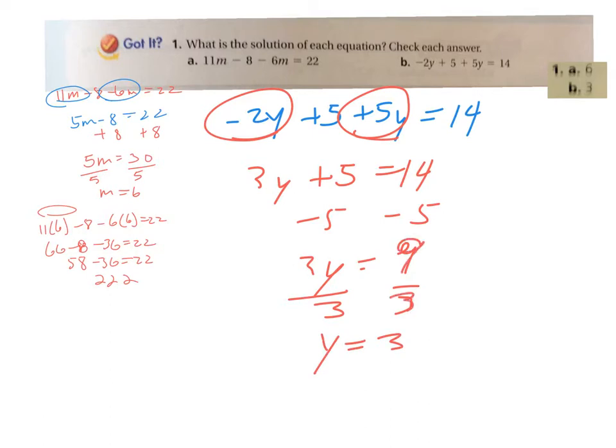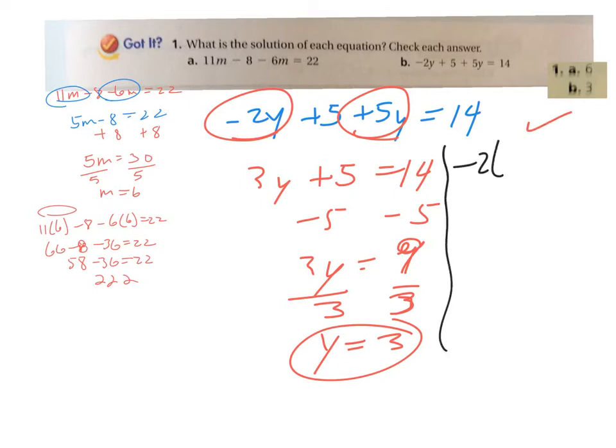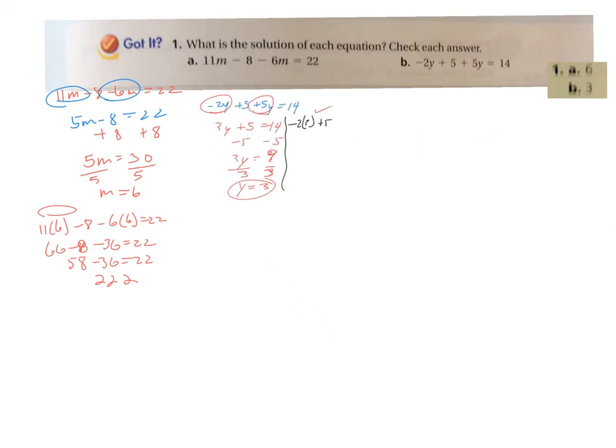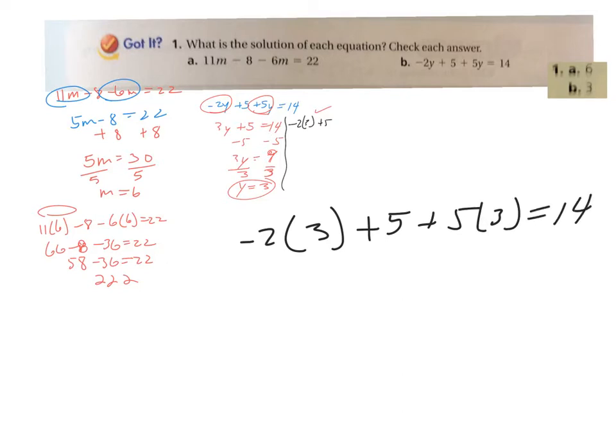Promise that's a 9 and that's a 3. There we go. And our check for that, going back to the original equation, plugging in 3, so negative 2 times 3 plus 5. That's not going to fit there. Hang on a sec. Let me move some stuff out of the way. There we go. We'll start over with that one. So again, negative 2 times 3 plus 5 times 3 equals 14.